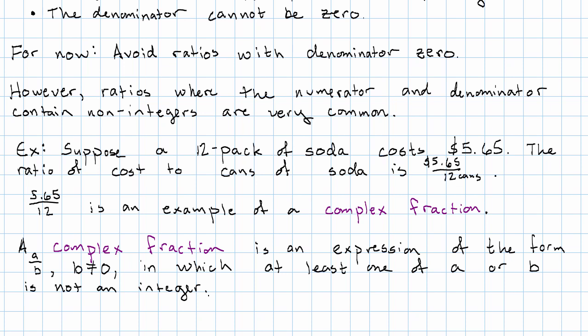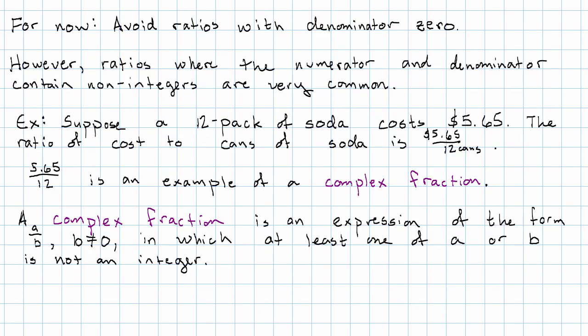A complex fraction is just an expression that looks like a fraction. So it's written in the form a over b, and the denominator is still not 0, but at least one of the numbers is not an integer.